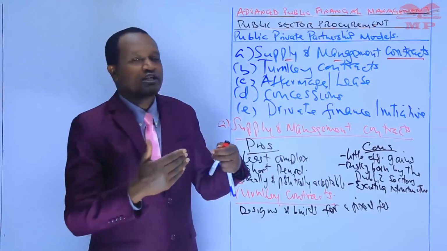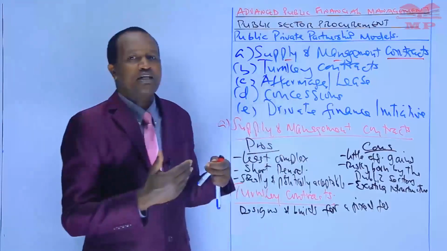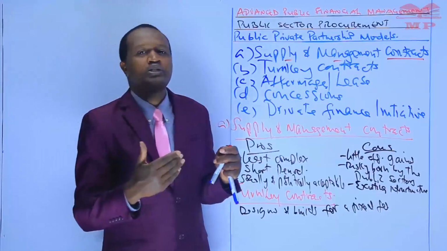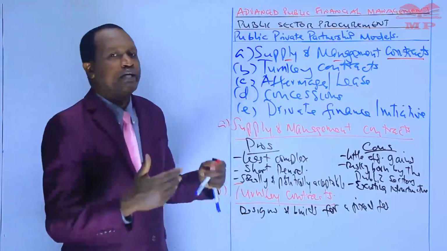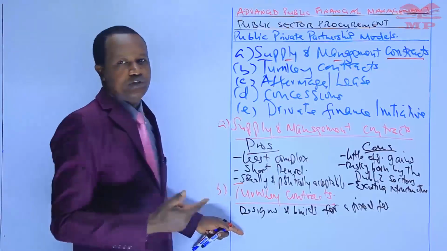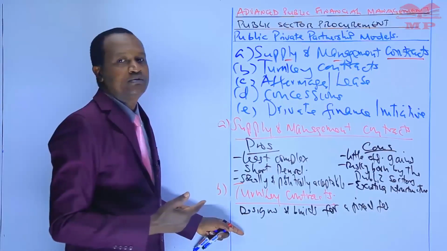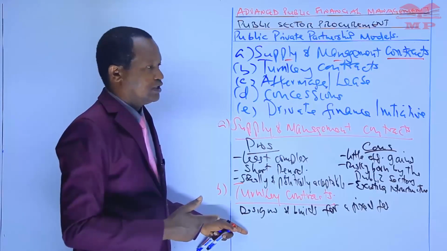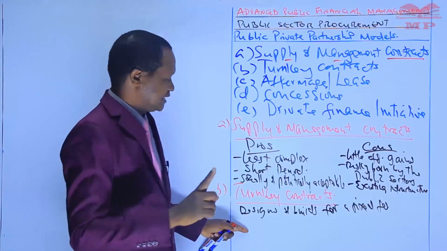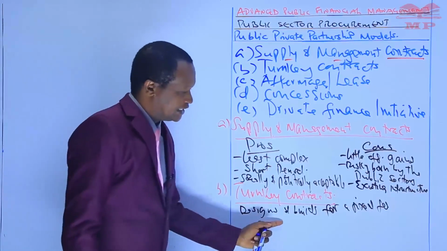And typically, in this type of arrangement, there is no strong incentive for early completion of the project. So this type of private sector participation is what is known as design and build.